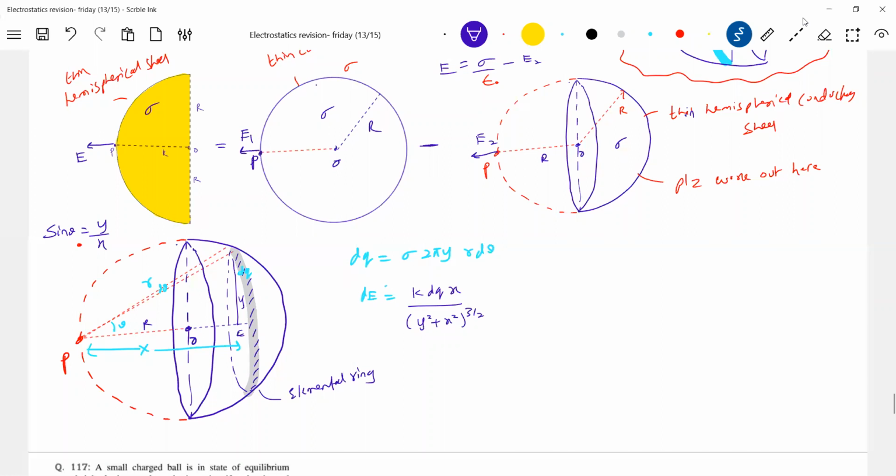Or y square plus r square is what? R, no? What all can I eliminate? Let me try to eliminate many things. Let me substitute first. We'll see. Sigma 2 pi y r d theta x.